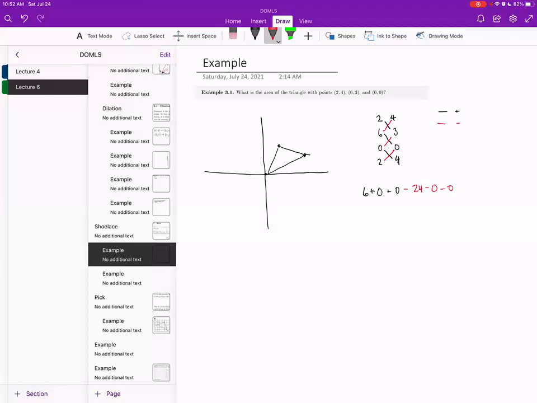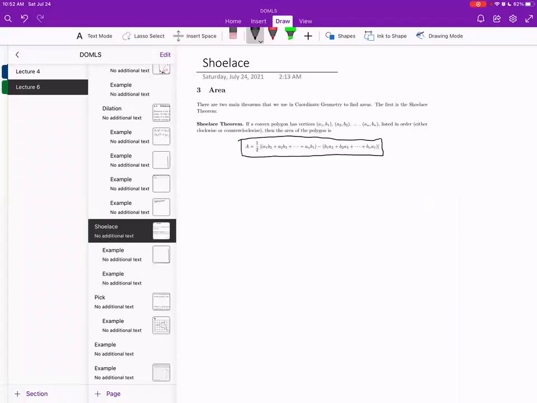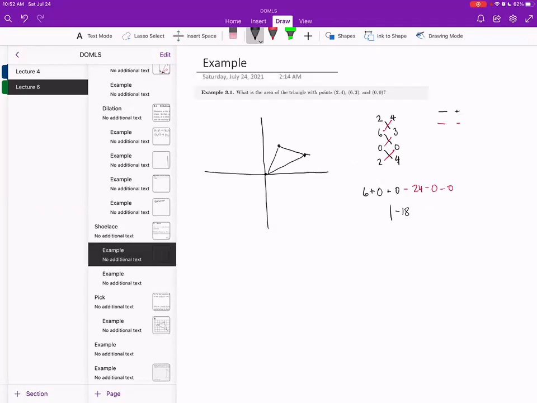When we do that, we get our answer of -18. But this isn't the area of the triangle. This is just this inside part over here. To find the area, we have to take the absolute value and then divide by 2. So if we do that, we get our answer of 9.